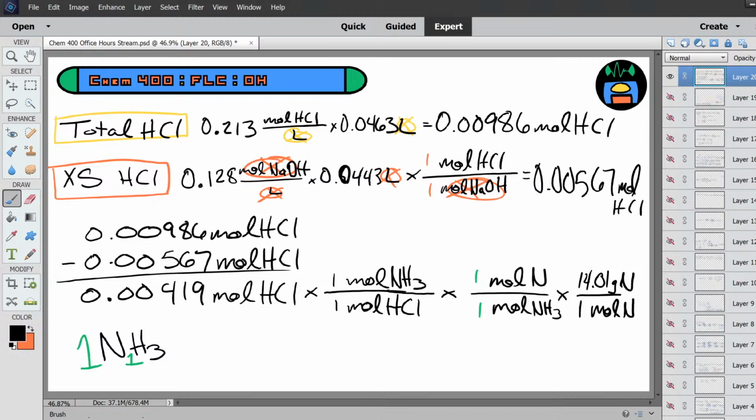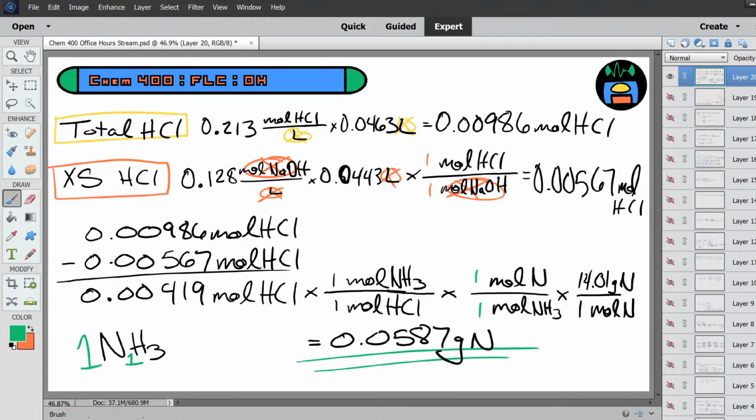All right, so we take our moles of HCl times 1 divided by 1 times 1 divided by 1 times 14.01 gives us a mass of 0.0587 grams of nitrogen.